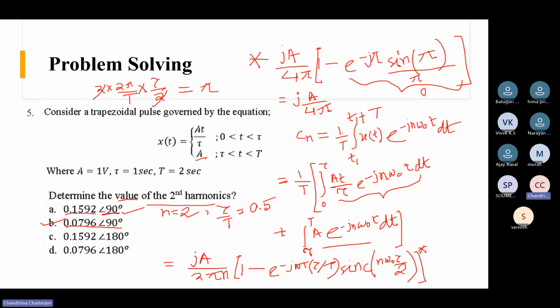Yeah. So I have written it. Just use this formula. Replace the values of capital A, then N, and all these things, and you will be able to find out what is the value of the sixth harmonic.